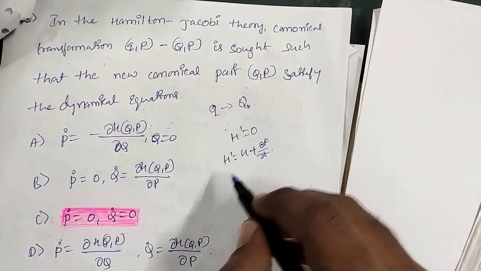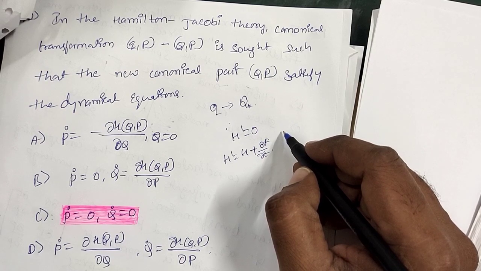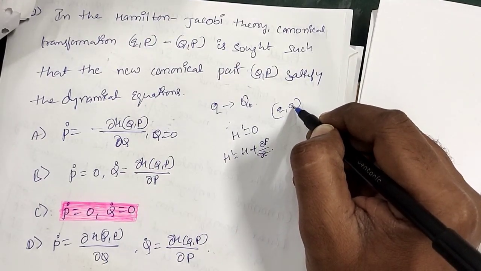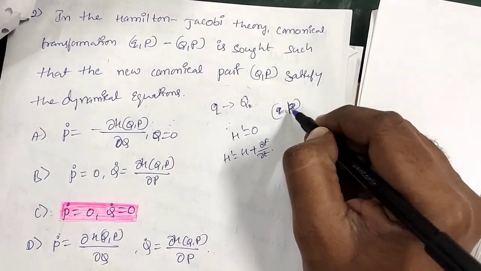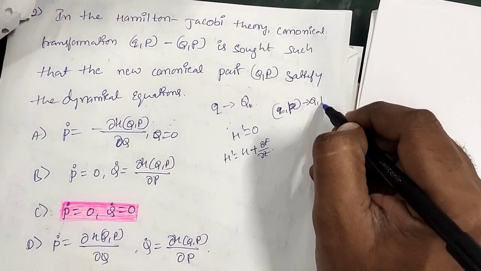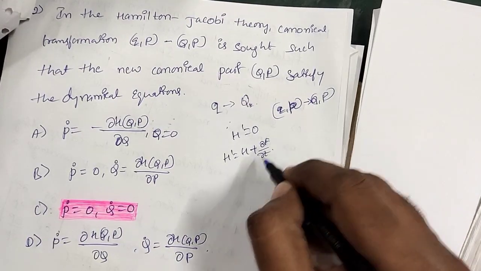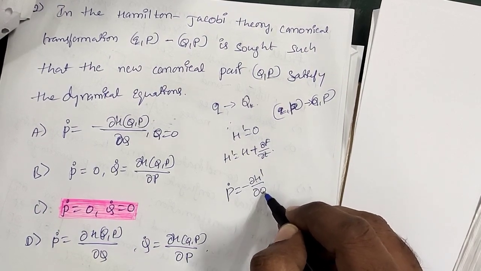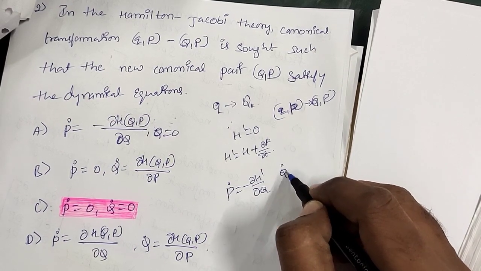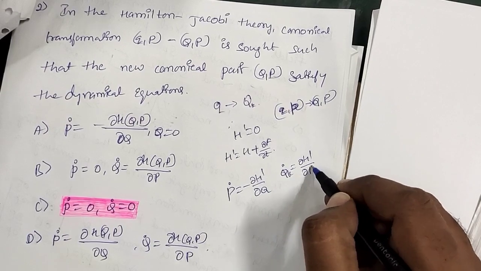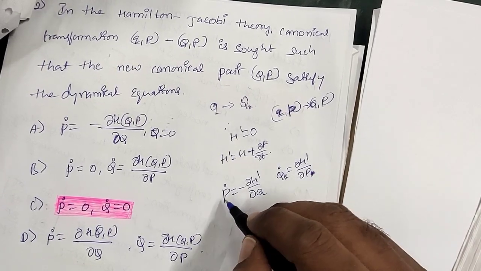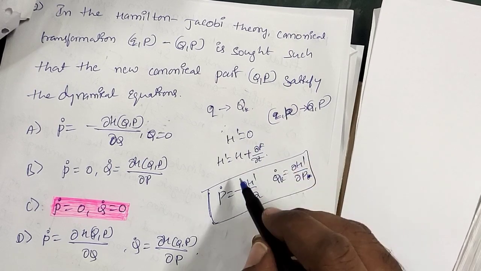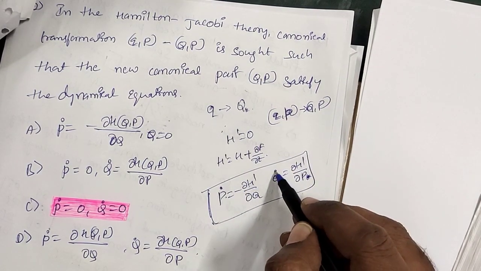and therefore the canonical transformation from the old set of variables q k, q p, small q small p to capital Q capital P is: capital P dot is equal to minus dou H prime by dou Q and capital Qk dot is equal to dou H prime by dou P. But H prime is equal to 0, then this P is also constant and Q is also constant.